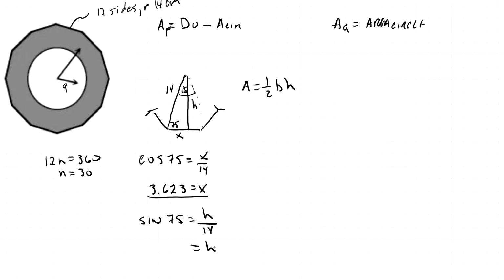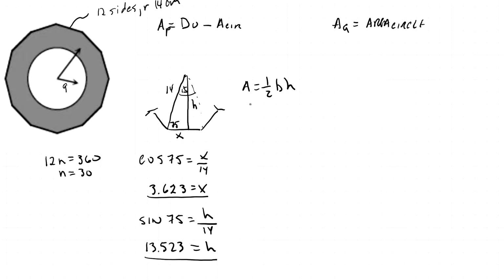So then the height of the triangle is going to be 14 times sine 75, which ends up being 13.523.